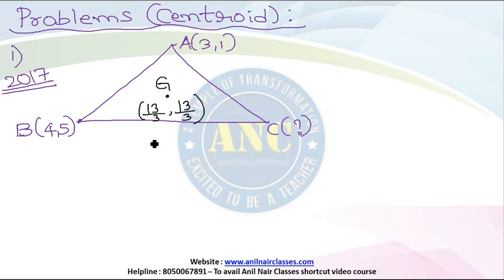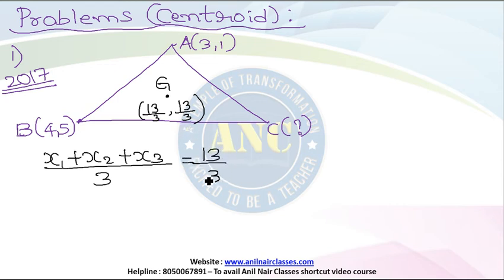Simple logic, sir. Let us not complicate things. Can I say that the first coordinate of G is x1 plus x2 plus x3 by 3? That is given in the question as 13 by 3. That means this 3 will cancel out, and x1 plus x2 plus x3 is nothing but 13.